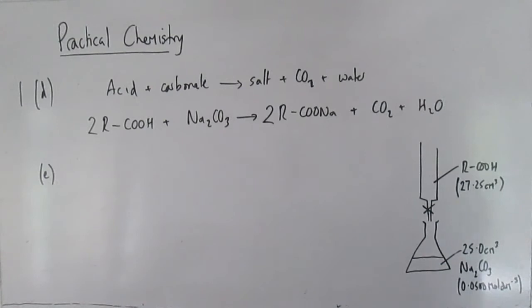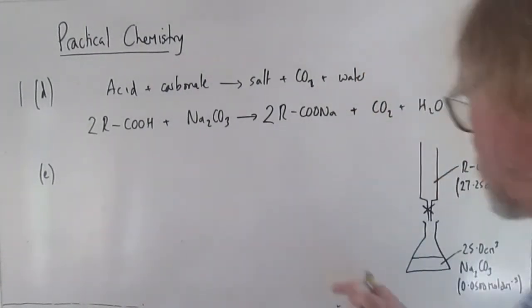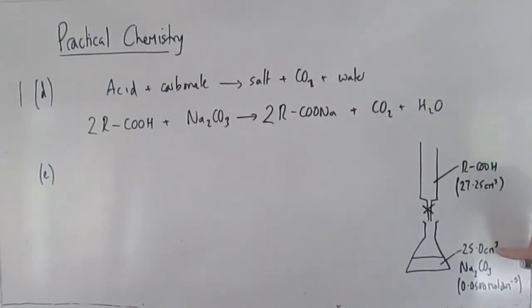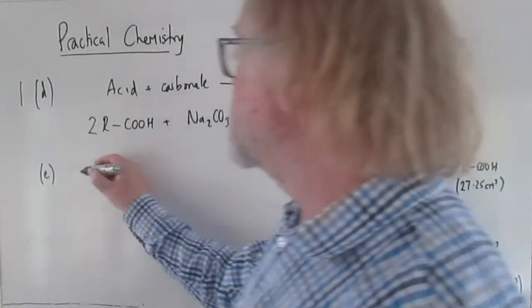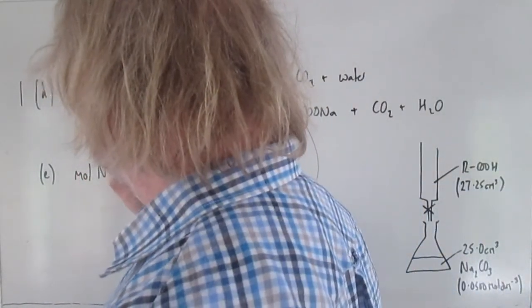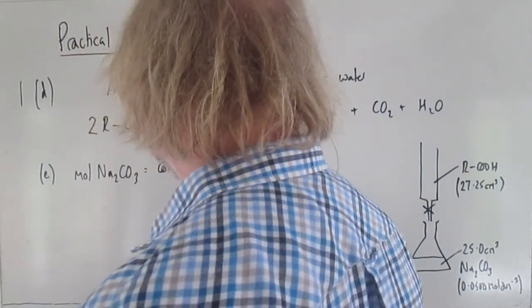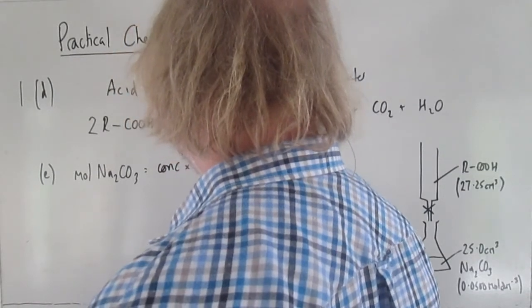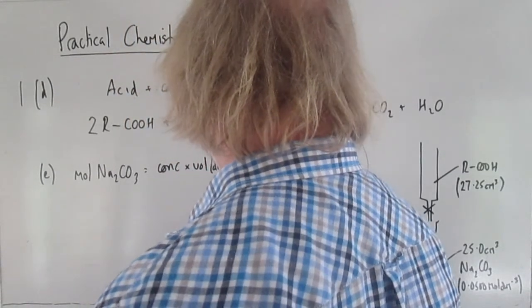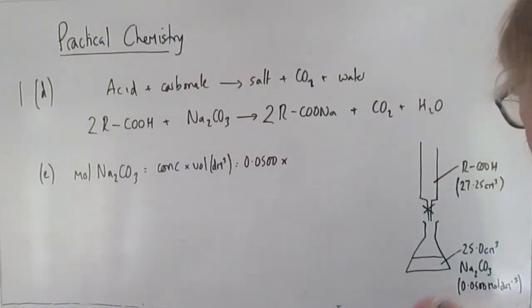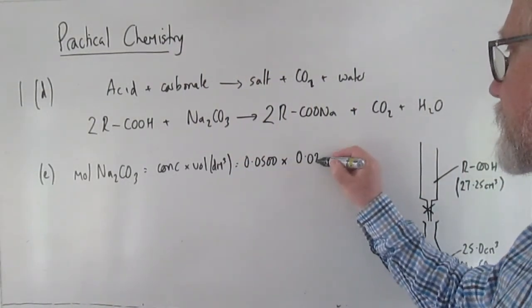So let's see where to start. Well, the first thing is that because we know what the concentration of the sodium carbonate is, and we know what the volume is, because we know those 2 things for the sodium carbonate, that's where we're going to start, because if we know both of those we can get the moles, and as always moles is the key. So we start with moles of Na2CO3 is concentration times volume in dm³, which is 0.05 times 0.0250.